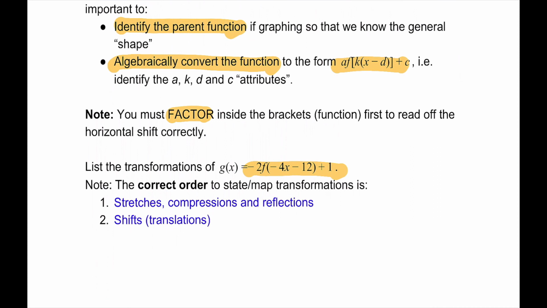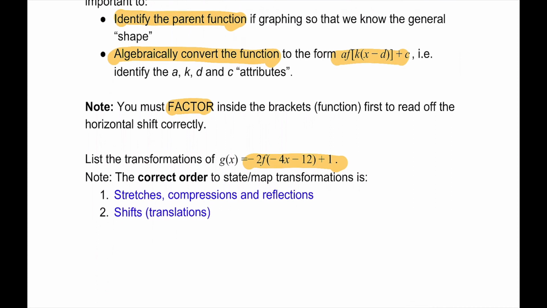It could be root x, it could be absolute value of x, it could be reciprocal of x, it could be anything. But the important thing is that we can identify the transformations and therefore describe how it would be transformed, even though we don't know what the parent function is. But if we're given the parent function, then all these transformations will apply to that parent function, whatever it is defined to be.